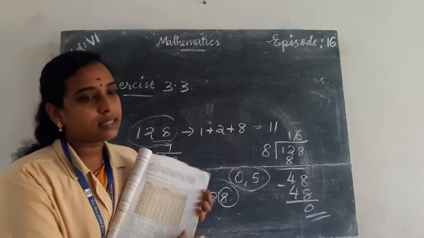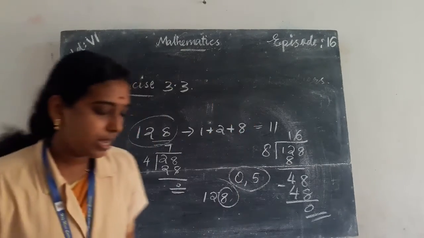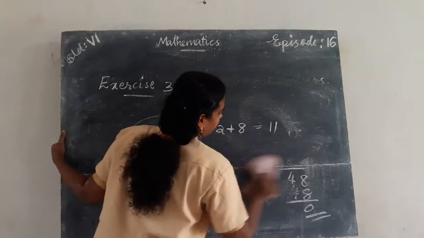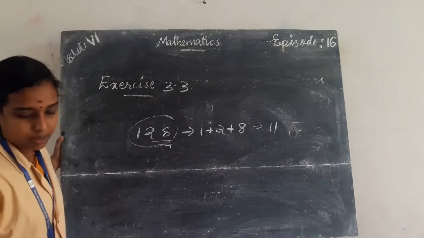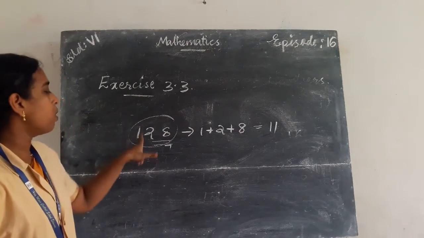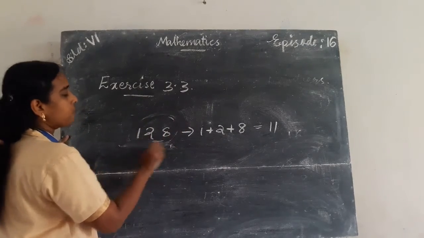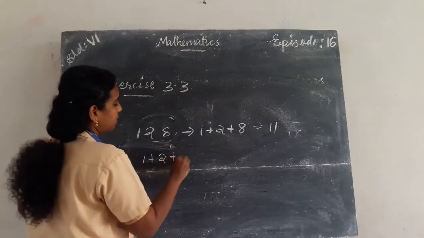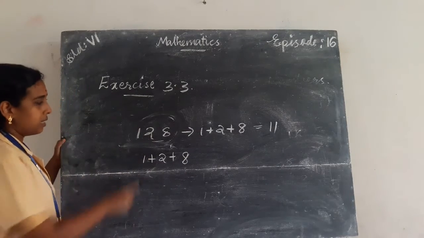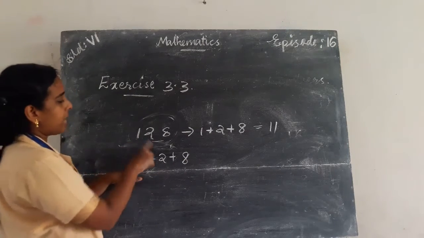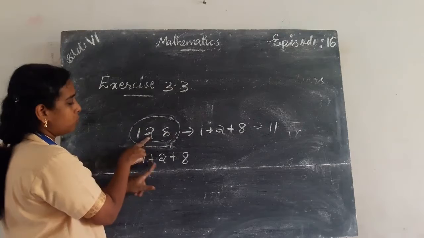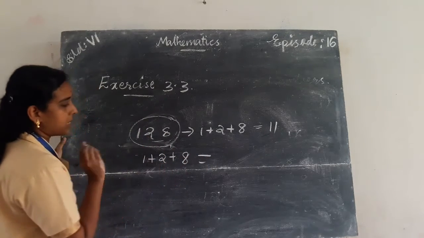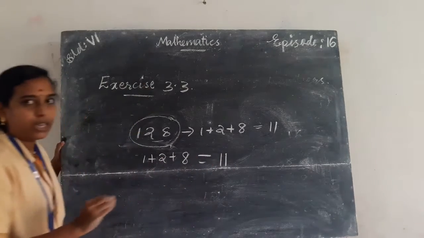Then the next one is 9. Is 128 divisible by 9 or not? To check the divisibility by 9, we take the sum of the digits of the given number. We add the digits: 1 plus 2 plus 8, then we get 8 plus 2 is 10, 10 plus 1 is 11.